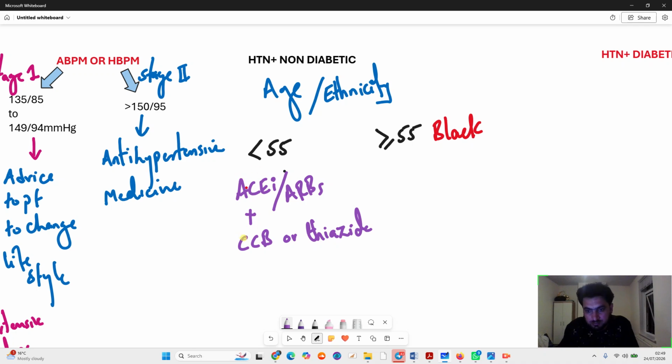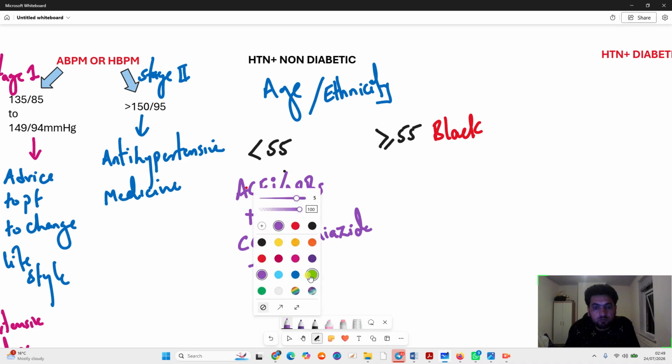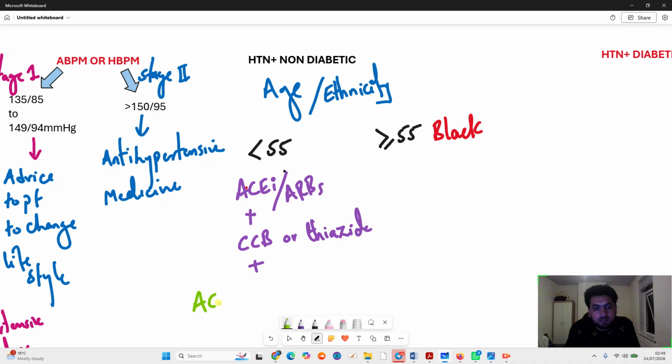For example, I'm choosing ACE inhibitors with calcium channel blockers, or ACE inhibitors with thiazide. Monitor the patient. If not controlled with two of them, we can make a combination of three: ACE inhibitors or ARBs, choose one of them, plus calcium channel blocker plus thiazide.